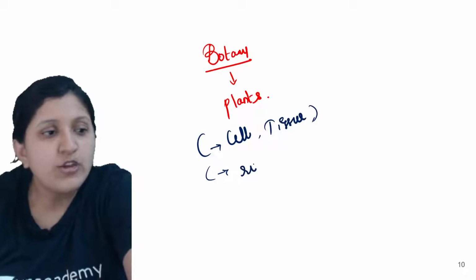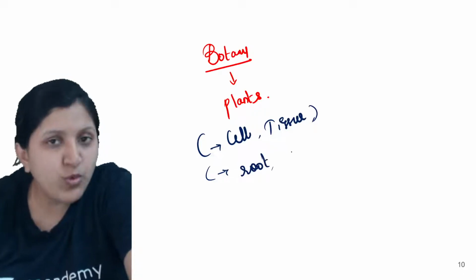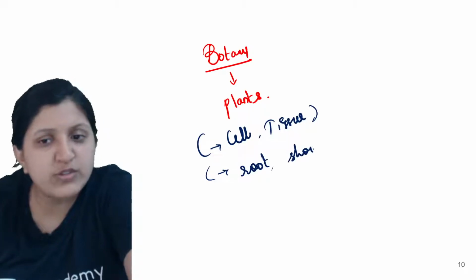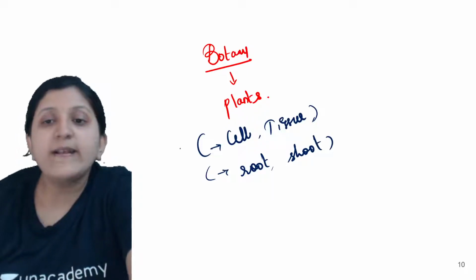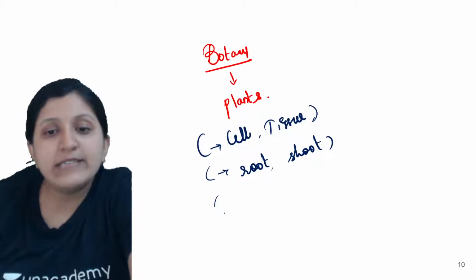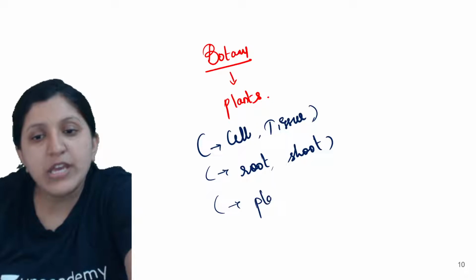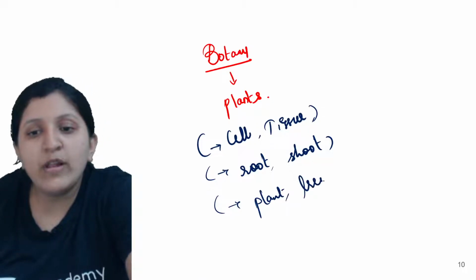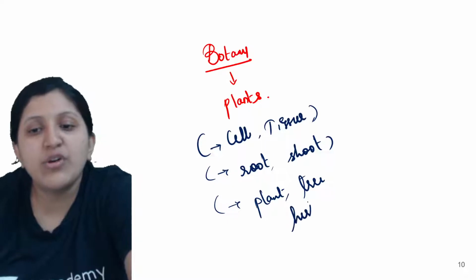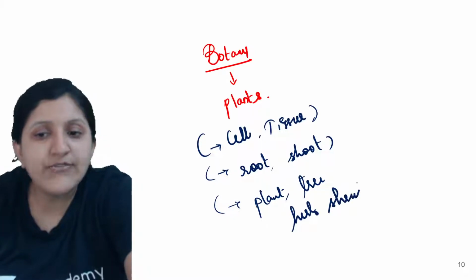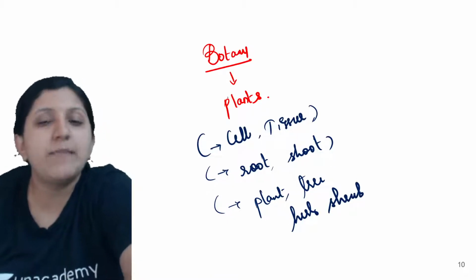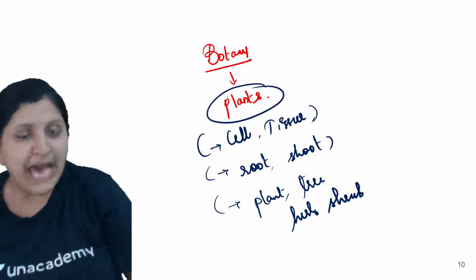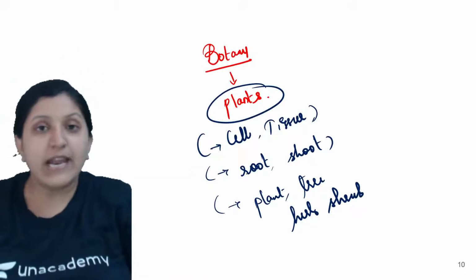Whether there is a well developed root, shoot, leaf and all, you will check that. And whether this is a plant or a tree or a herb or shrub, so basically you will find all that. Herb, shrub, so different classification is done. Whenever we say plants in general, we'll be studying in detail.